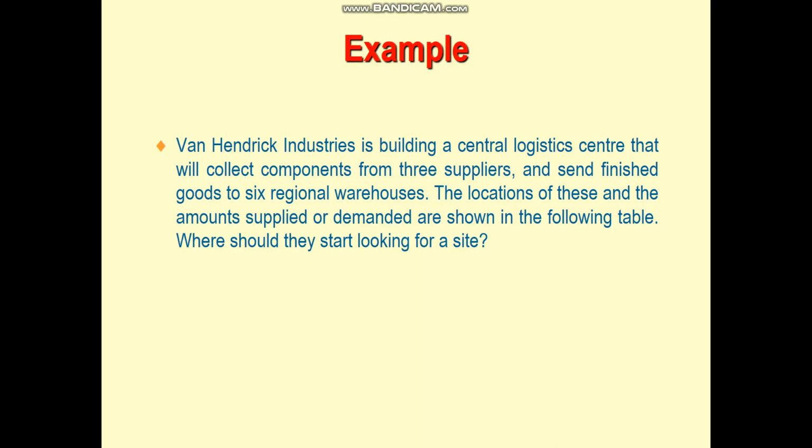So let's look at this example. The Van Hendrik industry is building a central logistics center that will collect all the components from 3 suppliers, and they will send the finished goods to 6 regional warehouses. So here we have 3 suppliers and 6 warehouses.